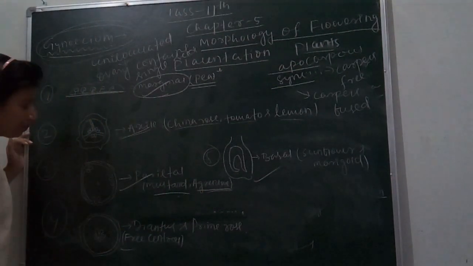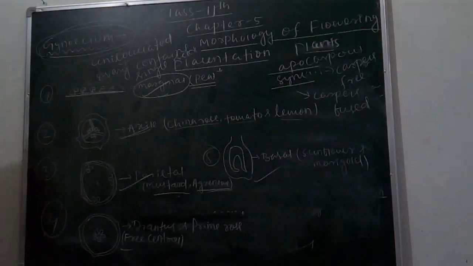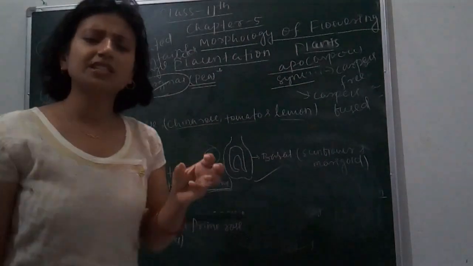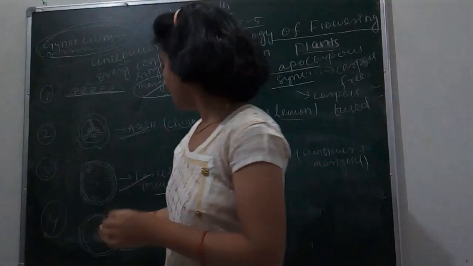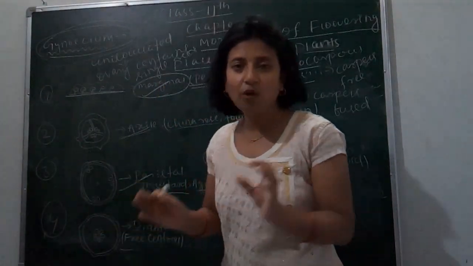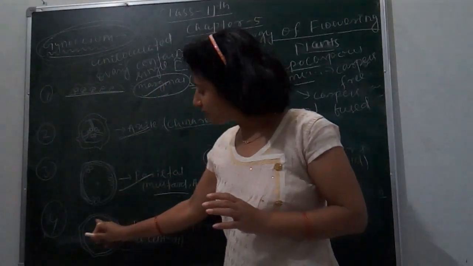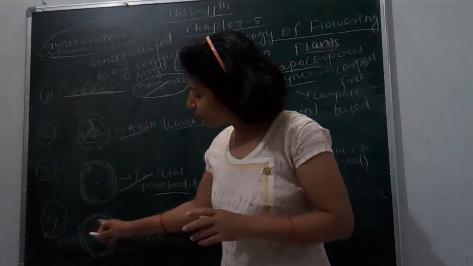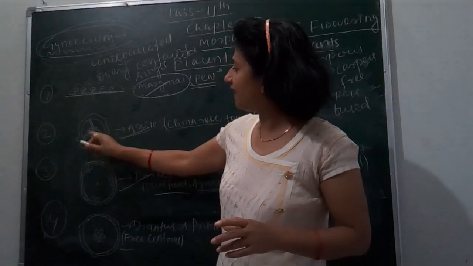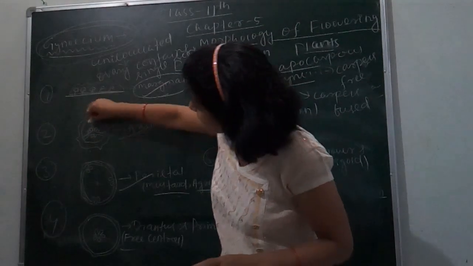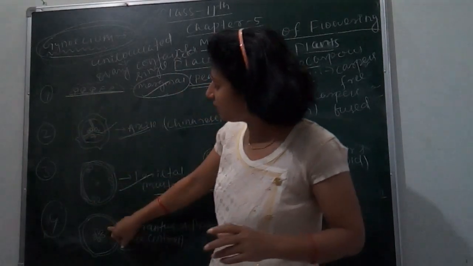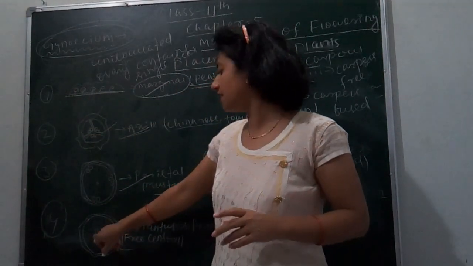Next is your free central. Free central means here the seeds are present in the center without any septum, without any separation wall. You can see there is no separation wall, like in case of axile. Here is the septum, here is the septum, but here no septum is present, and seeds are present centrally.